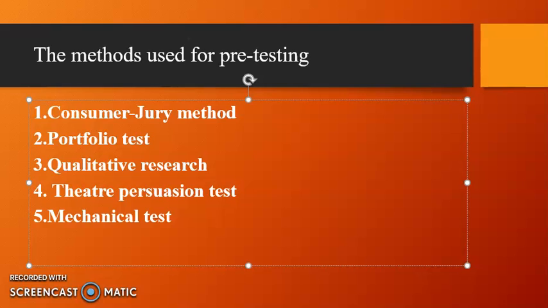In this test, the consumers are exposed to an advertisement. They're asked to watch an advertisement. And while they watch it, we look at their eye movements, their gestures, different kinds of non-verbal communication or responses, right?